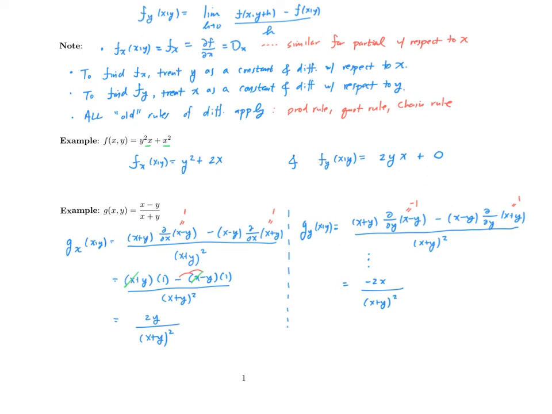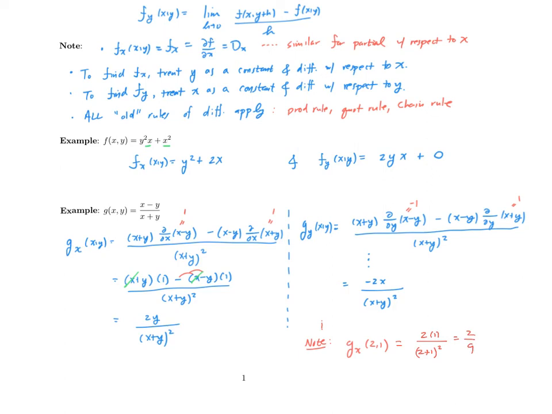We are going to move on to one more computational example in just a moment, but before doing so, I do want to make an observation to kind of lead us into our next topic. That is, now that we have these derivatives computationally, how can we interpret it? So for example, we note that if we take this partial with respect to x and plug in a specific point, say 2, 1, what we are going to get back from this is 2 times 1 over 2 plus 1 quantity squared, which is 2/9.